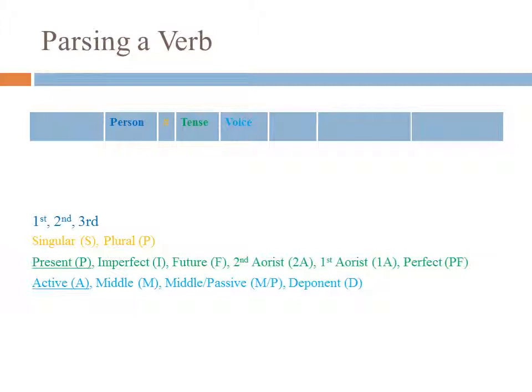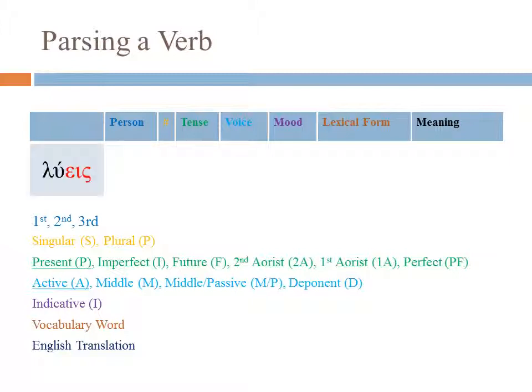Voice, we've had active so far. There are three, that is active, middle, passive, and deponent in the present, but tomorrow we'll get to the middle. The mood, all of our moods this semester will be indicative. The lexical form is the vocabulary word, and the meaning is the English translation.